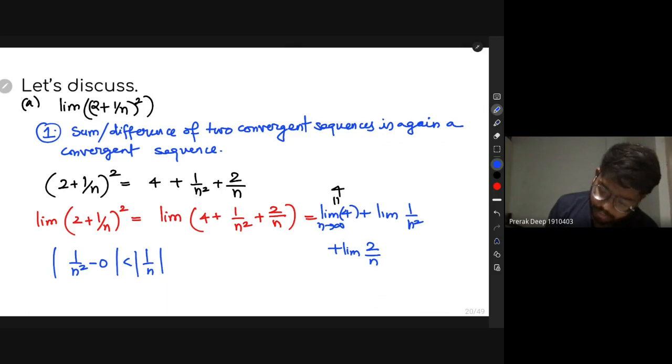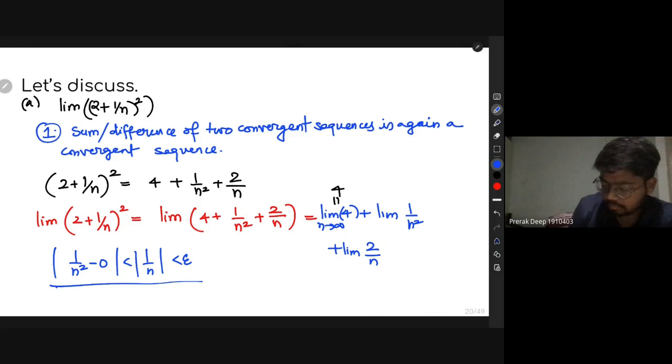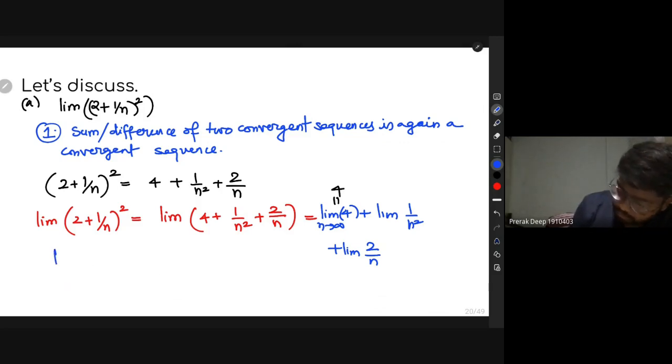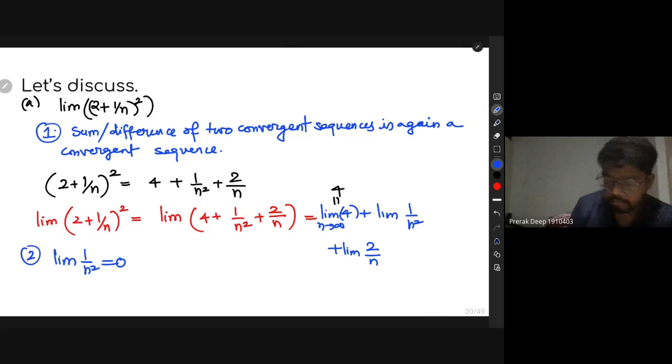So we can always find some capital N for which this value is smaller than epsilon. We can also prove that this is convergent. So in other words, the limit of 1 over n square is equal to 0. This is fact number 2, and I have given the proof of that also.